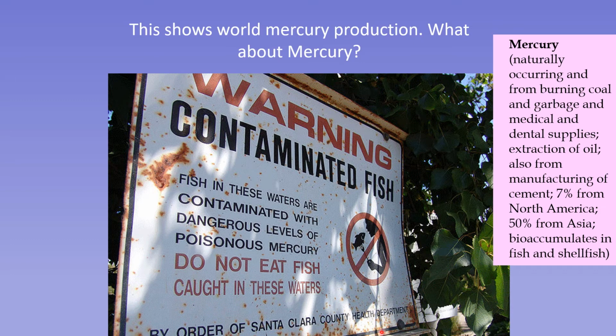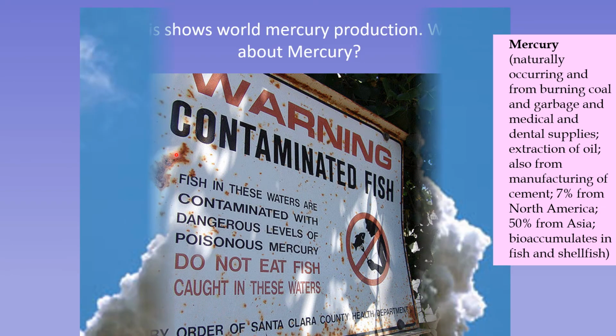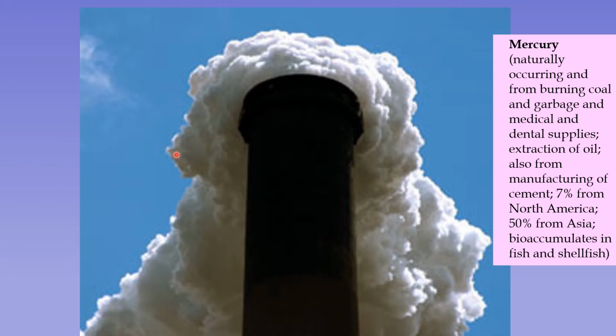This is in Santa Clara County, California. That's where this sign is, because there's so much mercury found in the fish that live in that water. I don't know if it's a lake or a stream or a river.